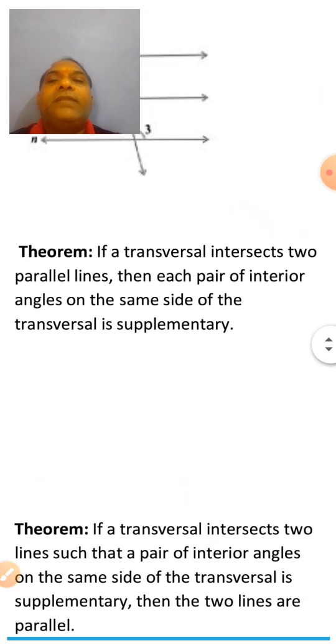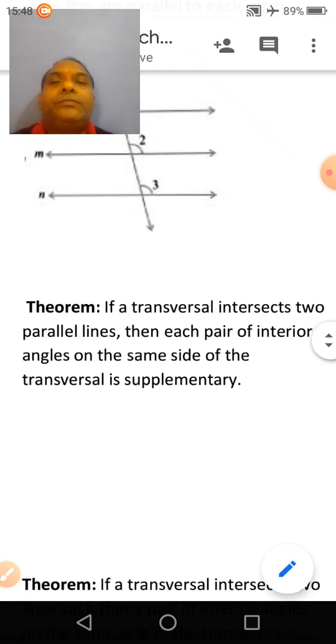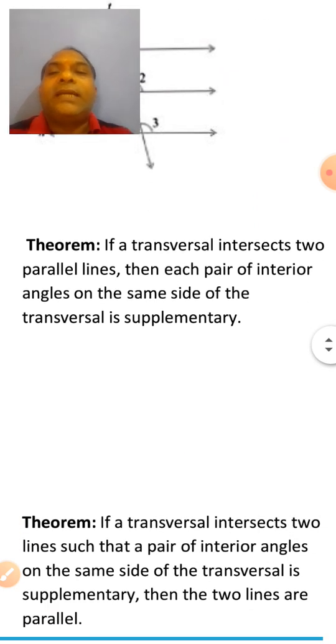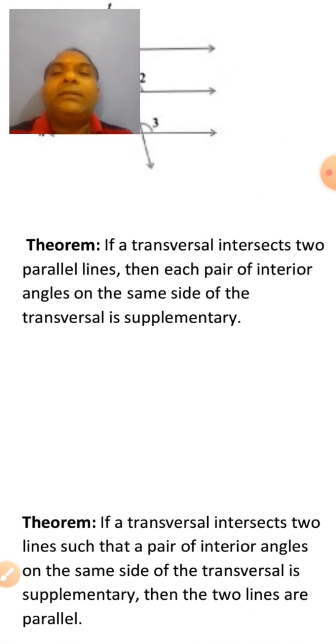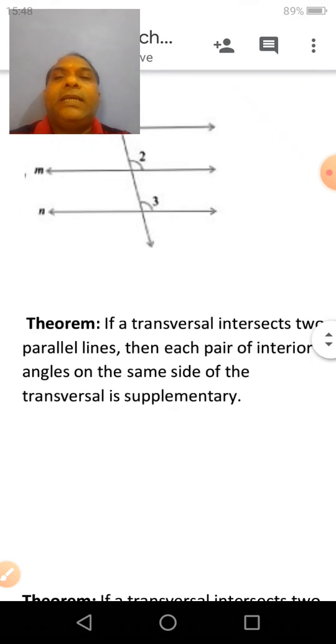A transversal intersects two parallel lines, then each pair of interior angles on the same side of the transversal is supplementary.